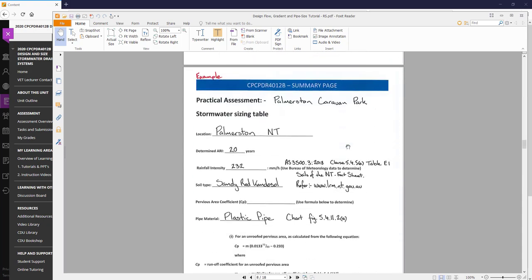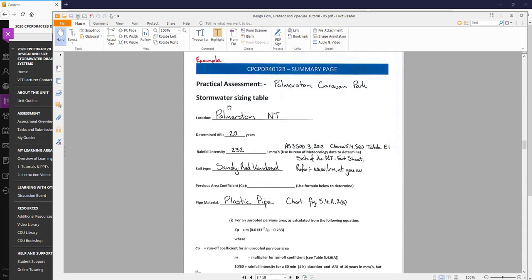Okay, so here we go. We've got Palmerston Caravan Park. We've determined the ARI of 20 years. The rainfall intensity there is 232 millimetres per hour, and we've used clause 5.4.5 and Table E to identify what this rainfall intensity is for Palmerston.